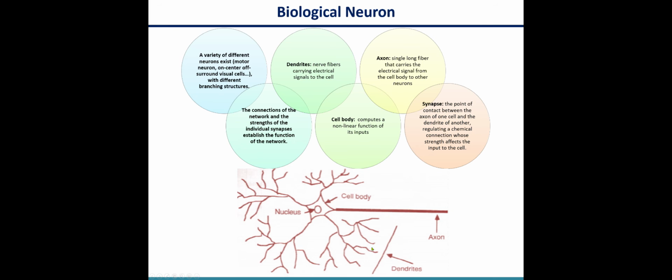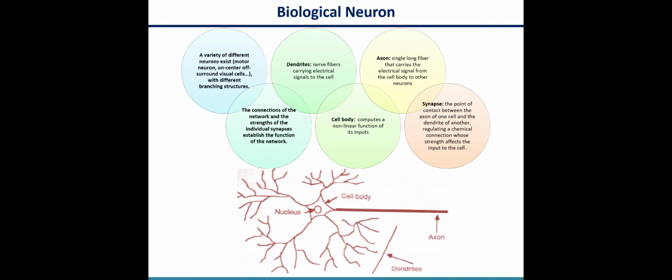The dendrites are the connectivity between these cells, making the connections to other parts. So based on this concept we define our whole neural network applications.